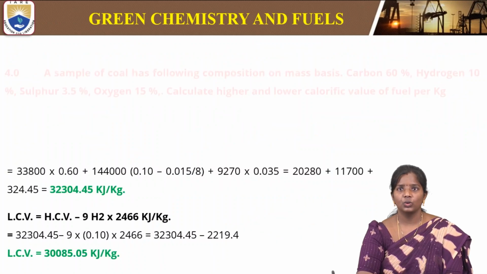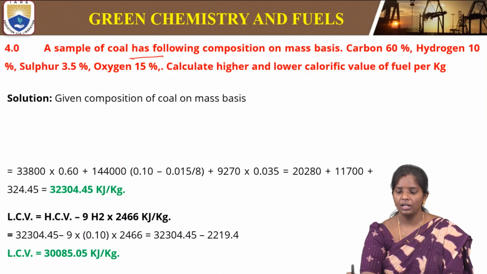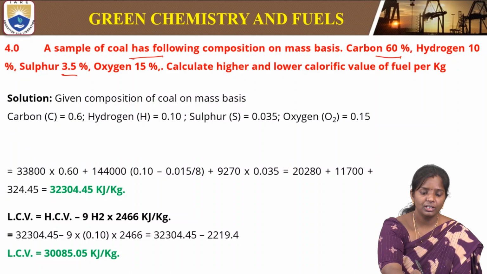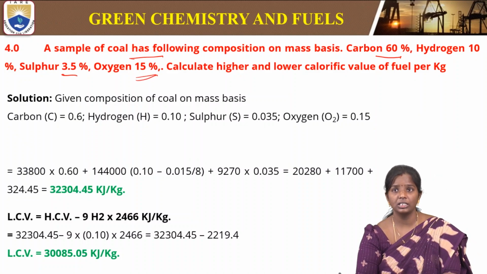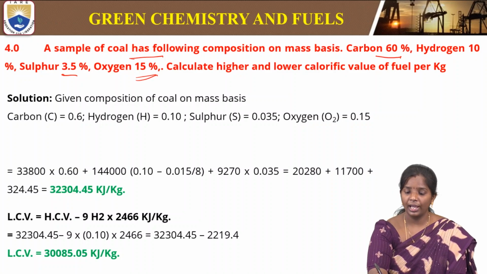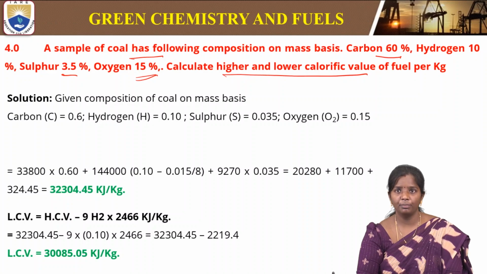Next, a coal sample has the following composition. Carbon is 60%, hydrogen is 10%, sulfur is 3.5%, oxygen is 15%. If you see, the oxygen content is very high here. Calculate the higher and lower calorific values of fuel per kg.